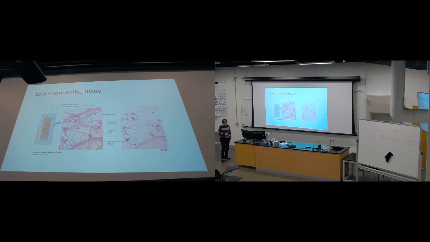So let's look at images of this connective tissue. Tomorrow during the lab, we're going to start looking at slides of tissue types. Here is loose connective tissue. This is a piece of skin. This is the superficial skin, and this is the deep layer of the skin. If you magnify it, you will see these fibroblasts. All of these are fibroblasts.